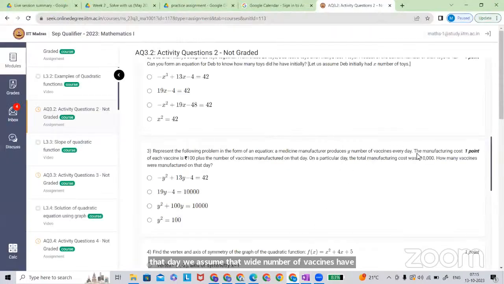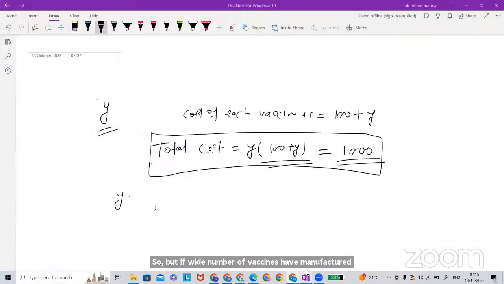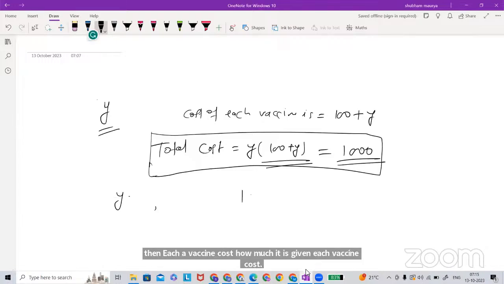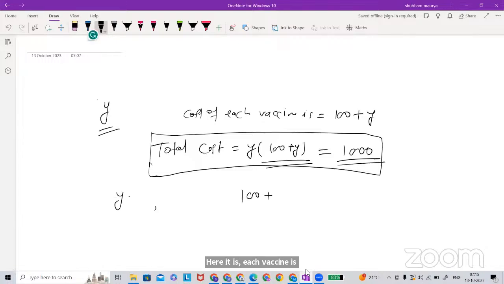Here it is given, each vaccine costs 100 plus the number of vaccines manufactured on that day. So each vaccine costs 100 plus how many vaccines have been manufactured on that day? Y number of vaccines, right? So this is the cost of each vaccine.